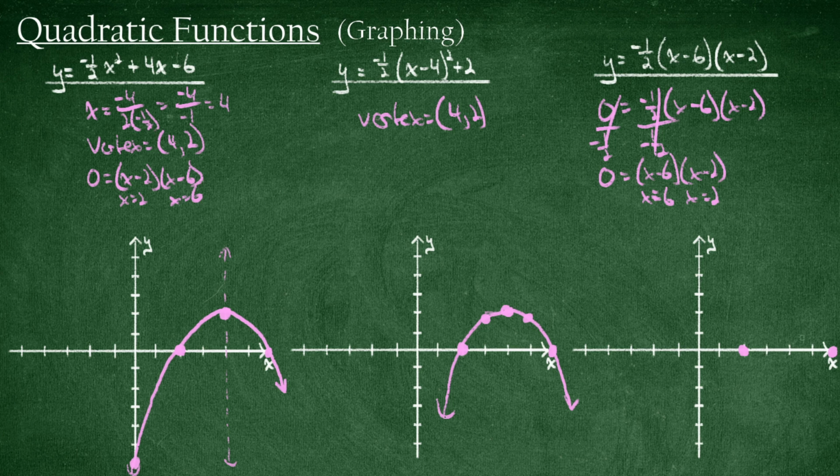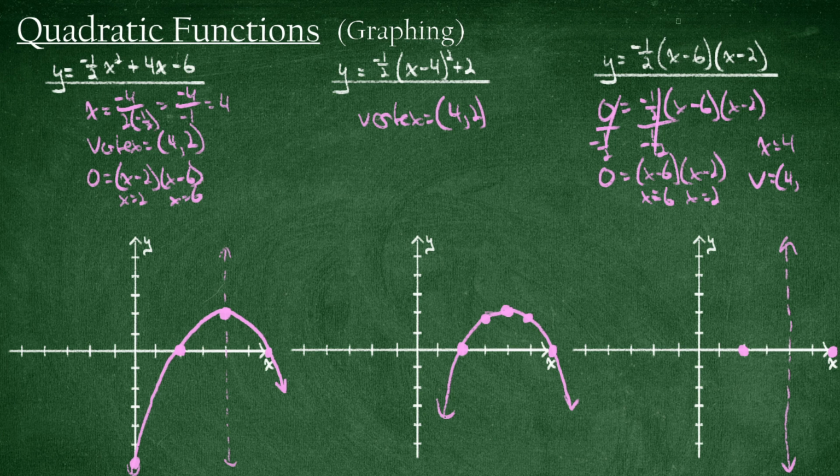All right, now directly in between there, I'm literally just going to visually look at this. In between here, there's 1, 2, 3, 4. So halfway in between there is 4, and that's going to be our axis of symmetry. So the axis of symmetry is x is equal to 4. And in order to find the vertex, we just need to plug that in. So the vertex is equal to 4, comma, and let's plug that in.